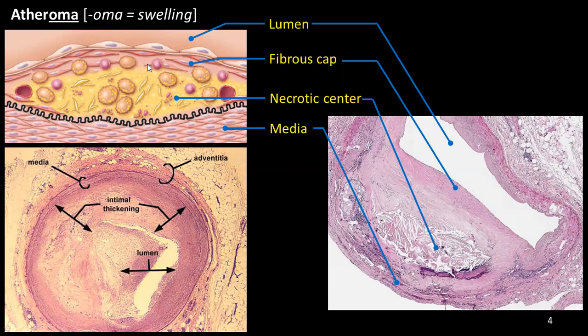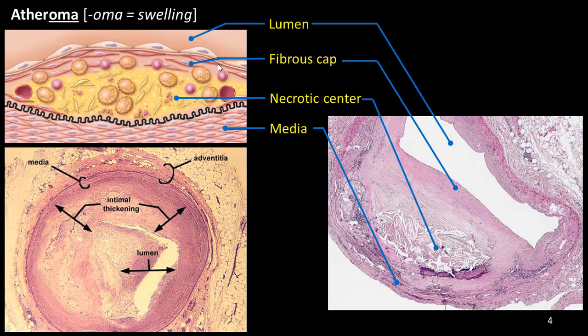The center will be necrotic, like the gruel, that sago-type food I showed a picture of in the previous slide. The term athero comes from that gruel-like, semi-solid material.